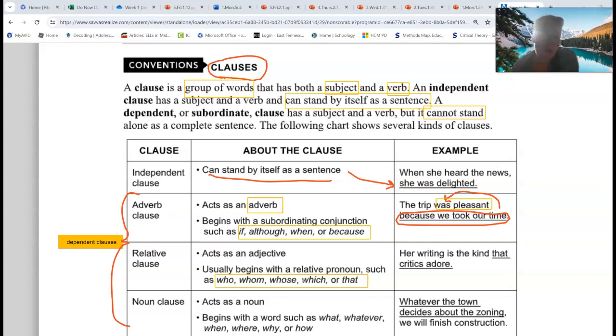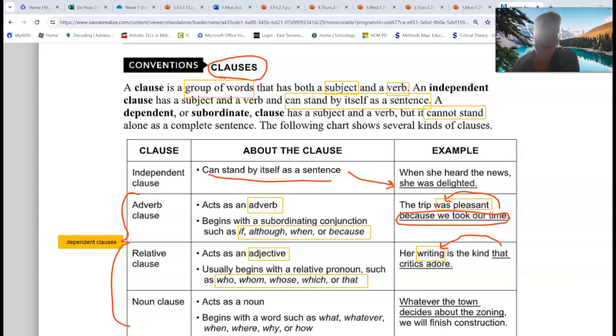A relative clause acts as an adjective, so it's going to give more detail about some type, and this can get confusing because it's very similar to a noun clause. It can give some information about a noun in the sentence. So here, her writing is the kind that the critics adore. So you ask yourself, what do the critics adore? They adore her writing. So we're giving some detail on a noun.